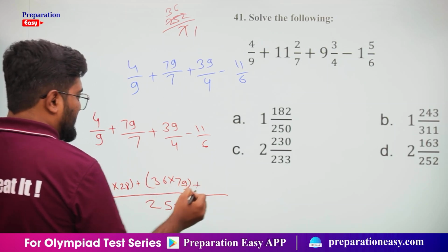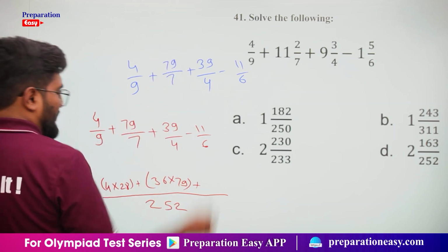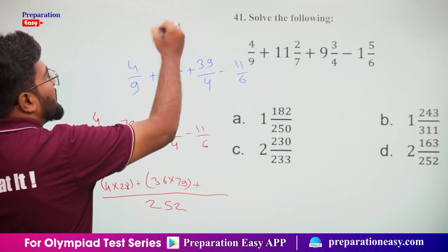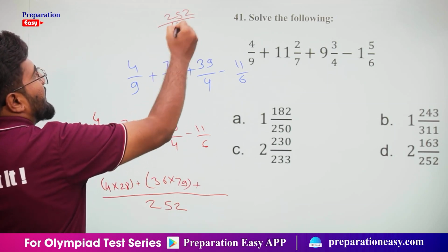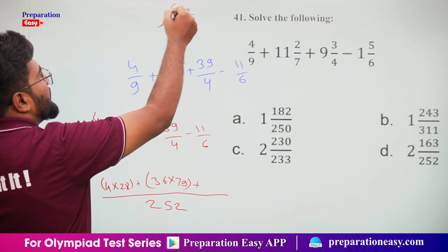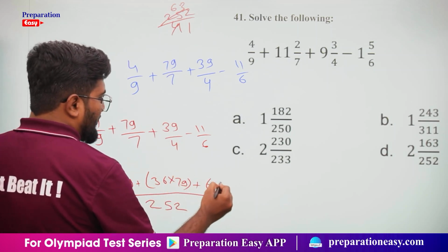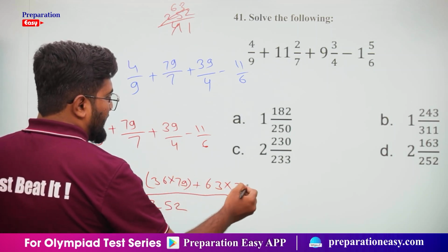Next is plus 39 by 4: 252 divided by 4 is 63, so 63 multiplied by 39.